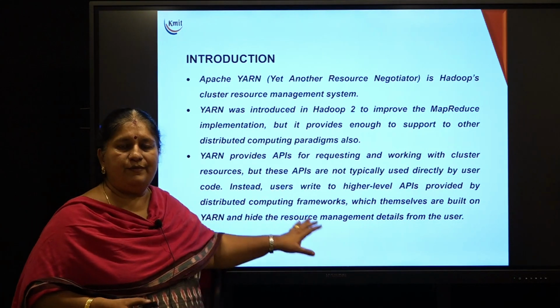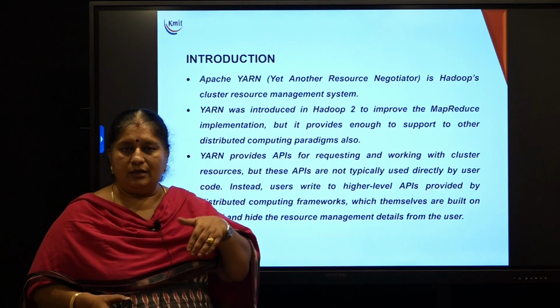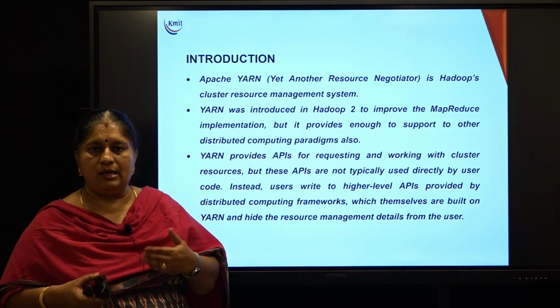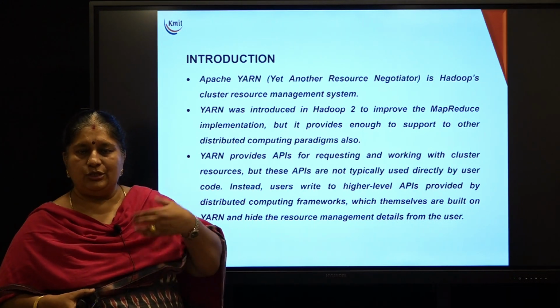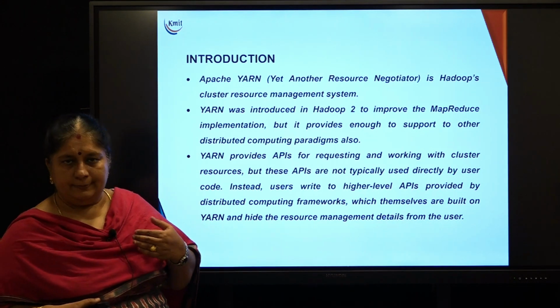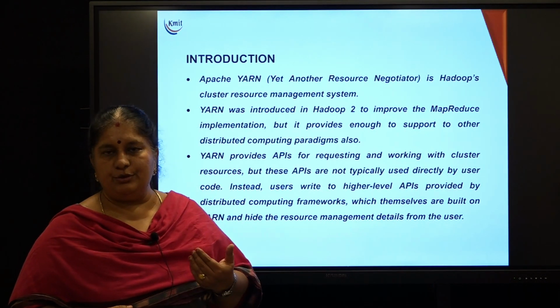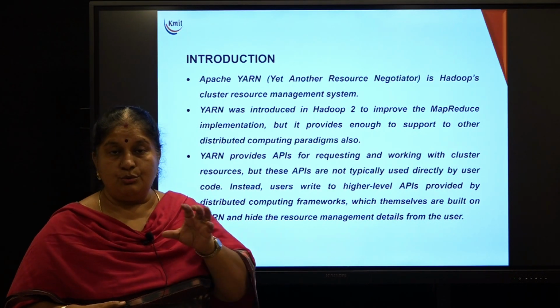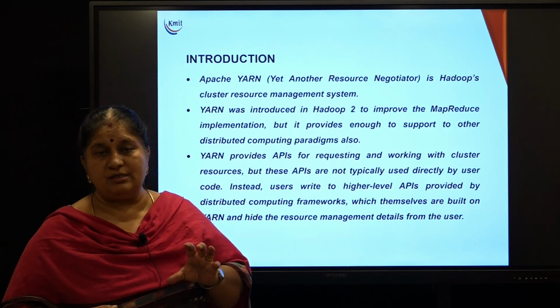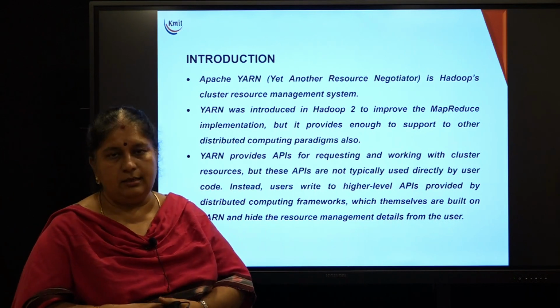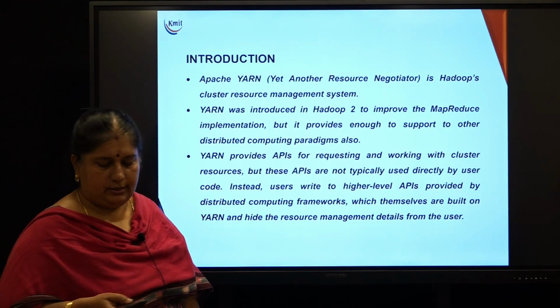So here also, when we are trying to execute a distributed process, how are the resources allocated, how does the application place requests for resources, how are resources allocated by the distributed system? So who is taking care of handling the resource requests under the Hadoop distributed environment? It is YARN, Yet Another Resource Negotiator.